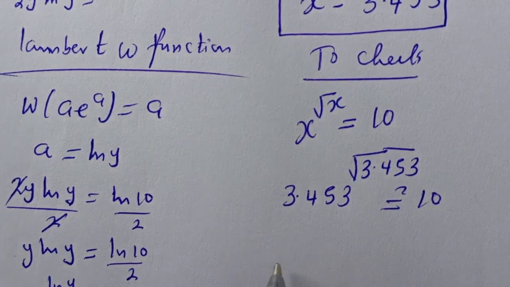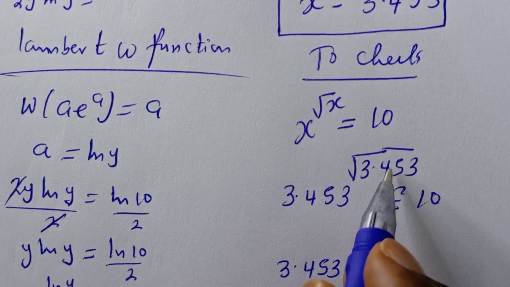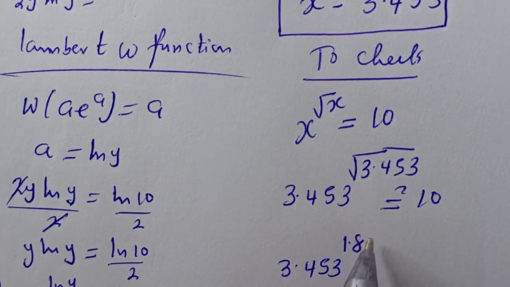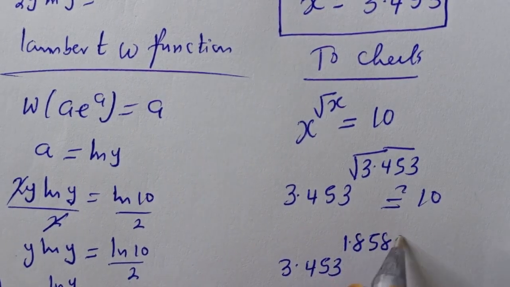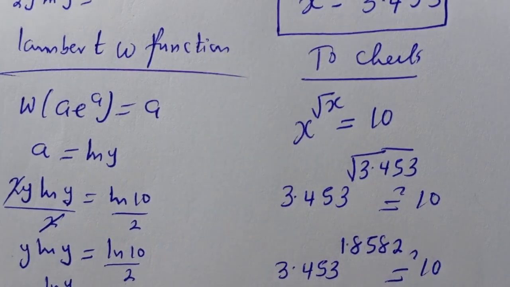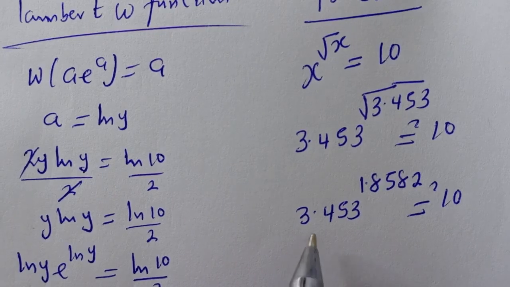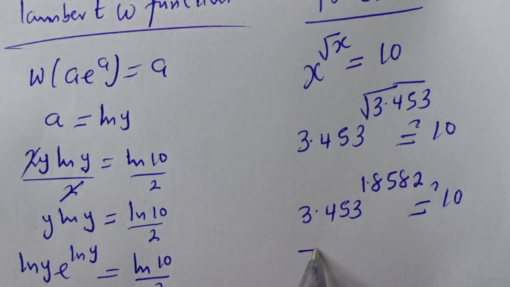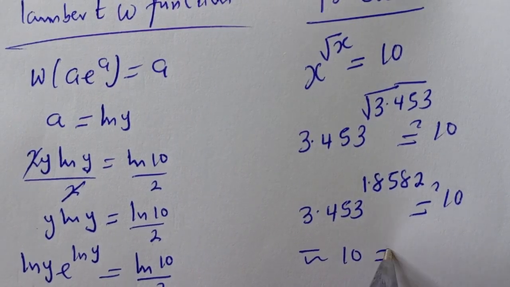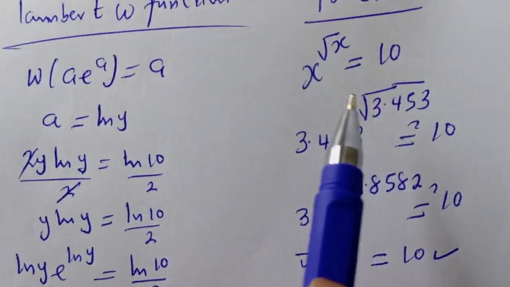Then this is 3.453 to the power of square root of 3.453, which is 1.8582, must be equal to 10. Therefore, the left hand side is approximately 10. This is equal to 10, which satisfies the given equation at s is equal to 3.453.